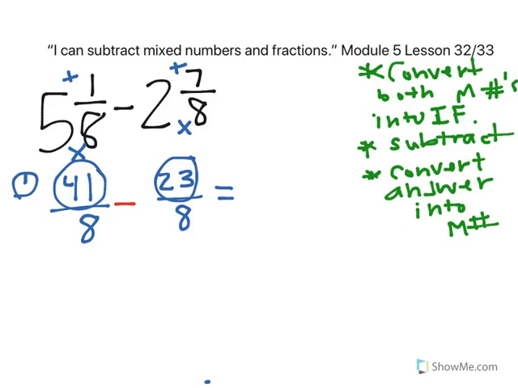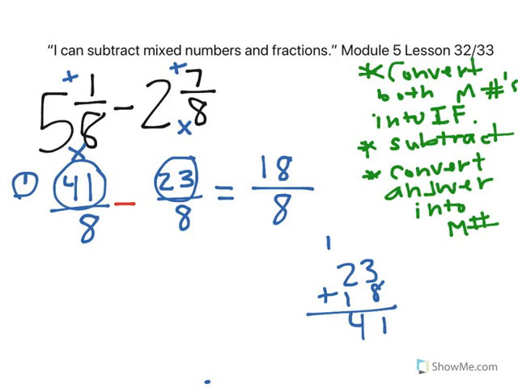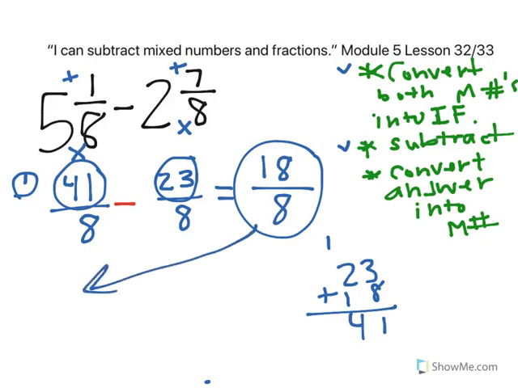Oh, that's going to be 18. Let me make sure I got that right. Yep, okay. So 18, and my units are eighths. So I just finished step 1 and step 2. Step 3 is convert my answer into a mixed number.